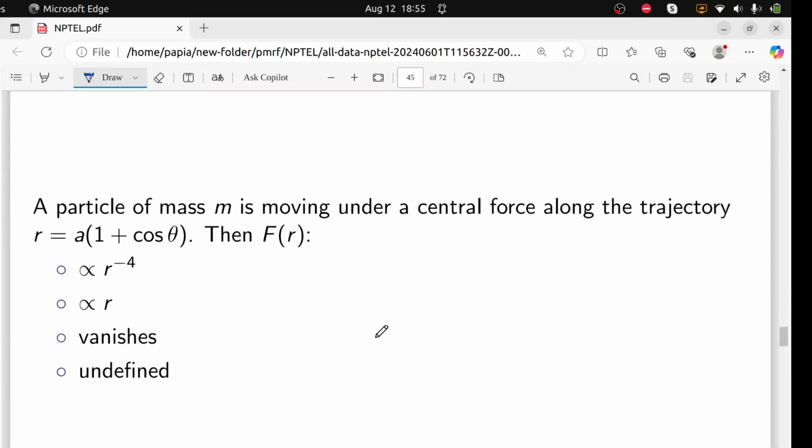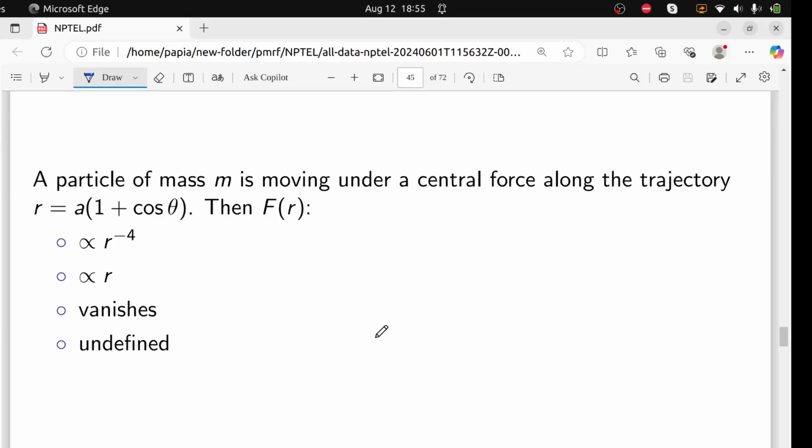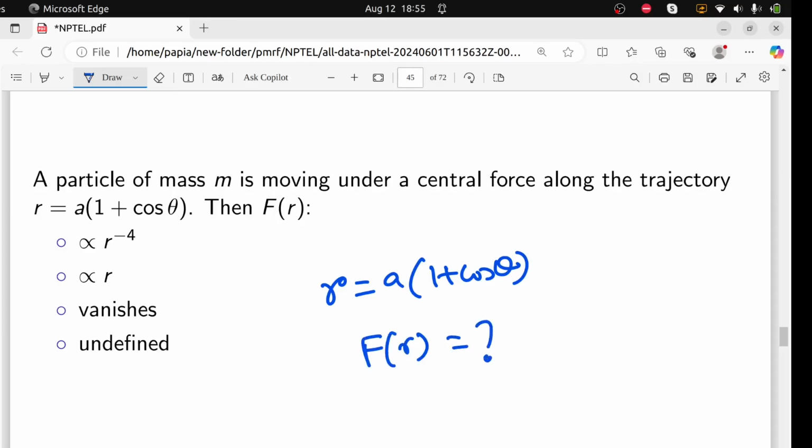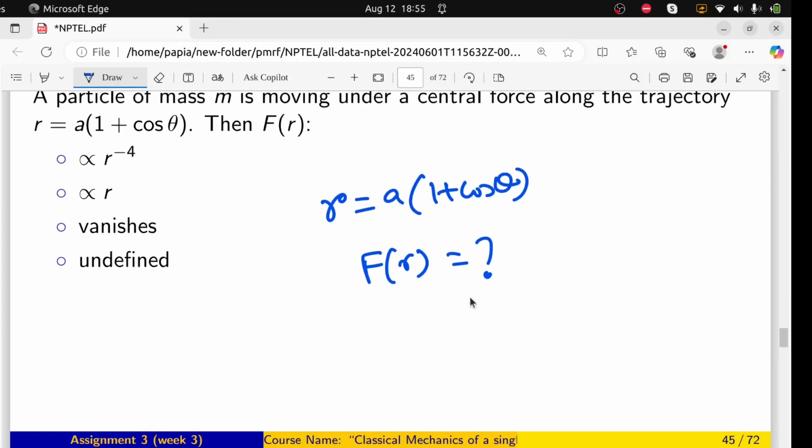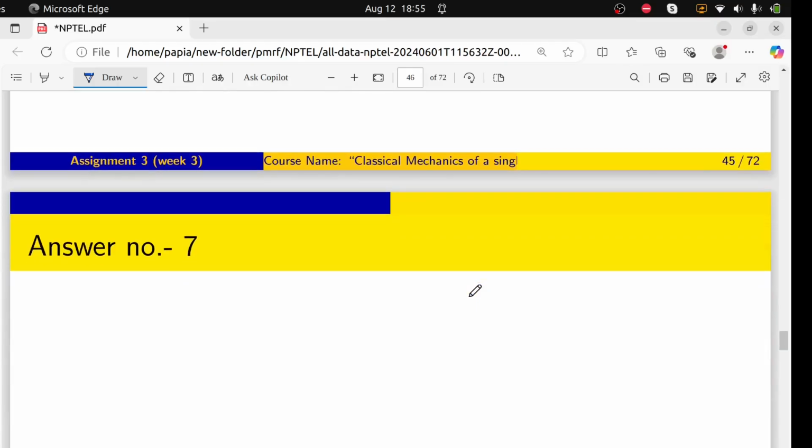Next question is this. A particle of mass m is moving under a central force along the trajectory, and the trajectory is r equals a times 1 plus cos theta. Then what is the value of f(r)? Okay. So in Sir's lecture he has already mentioned the Binet equation.